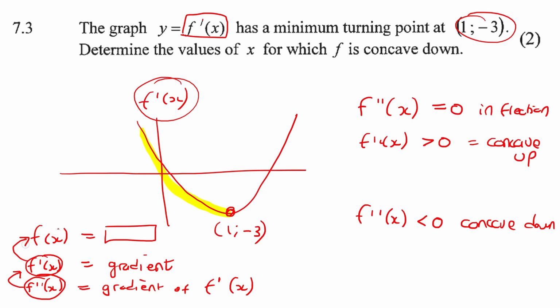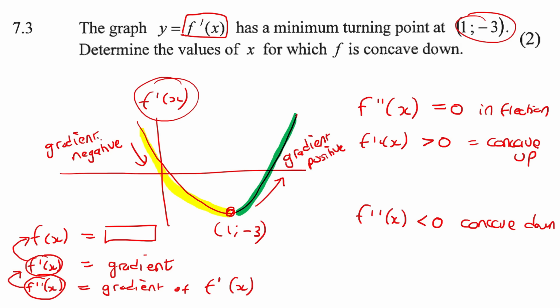Over here, we can see the graph is going down, so the gradient is negative. And then over here, we can see the graph is going up, so there we can say that the gradient is positive.